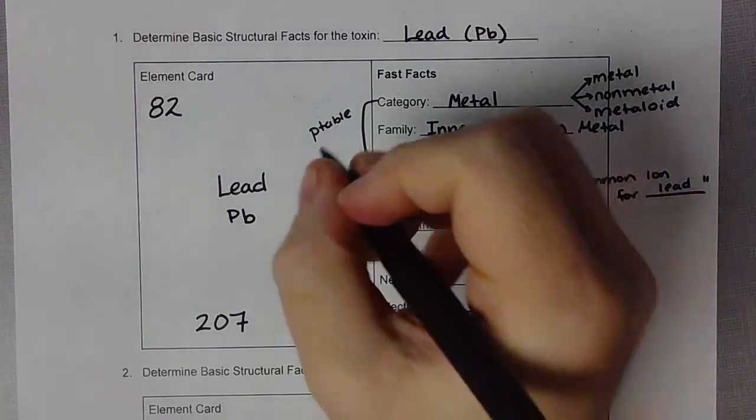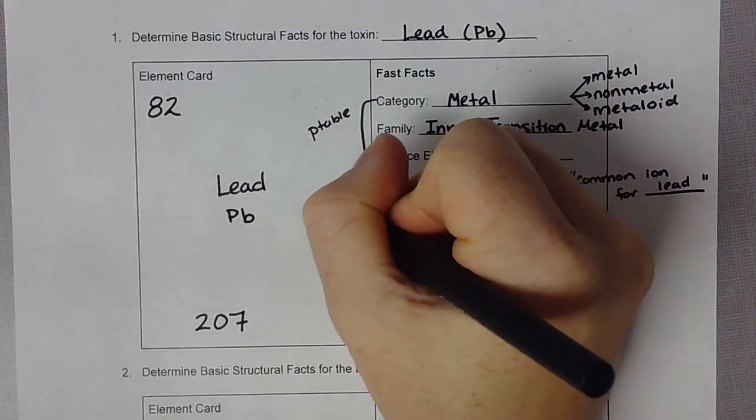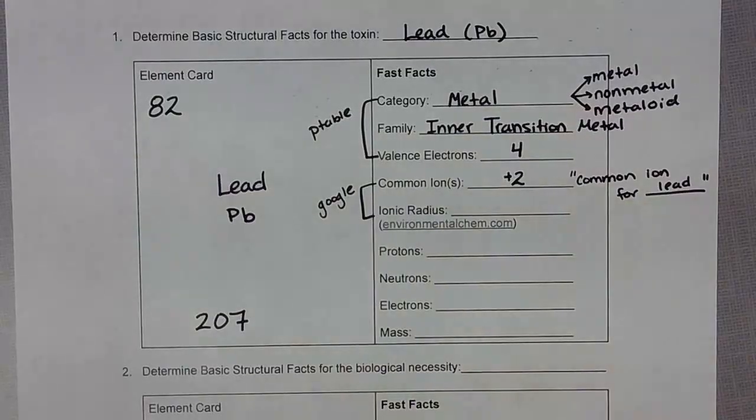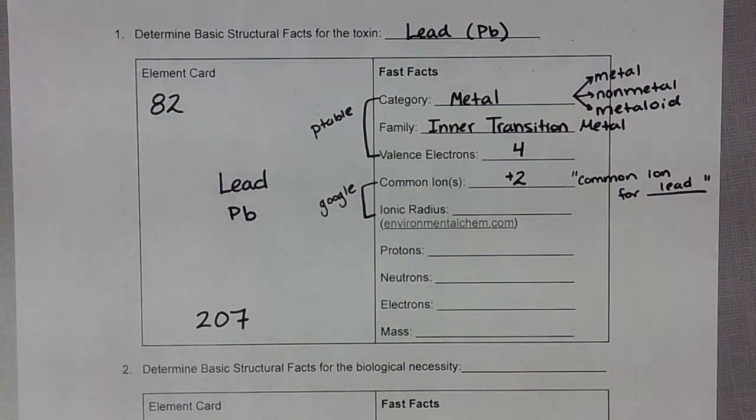Ionic radius is another one that you're going to need to look up or Google. I give you guys a hyperlink in here, but you're watching a video, you've already got the planner up. If you open the planner and under today's date, there's a link there that says ionic radius table. You open that up and it will tell you the ionic radius of every single element. So you scroll through that table.